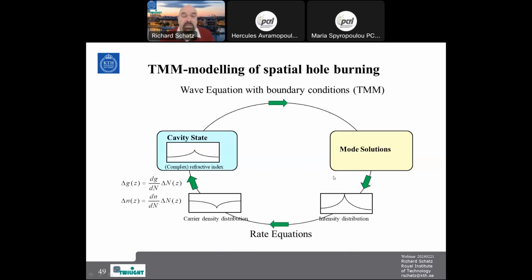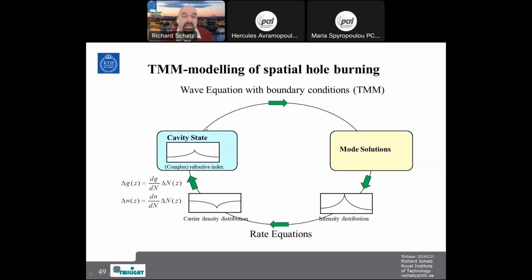And then you need to iterate, because when you get a mode solution from the transfer matrix method, it will have a new intensity distribution, and this new intensity distribution will change the carrier density distribution you assumed from the beginning. Then you get a new distribution of the refractive index and gain in your laser, and that will give new mode solutions.